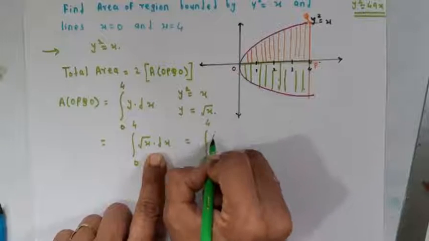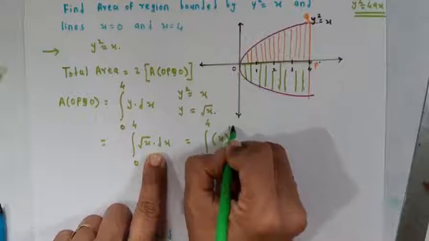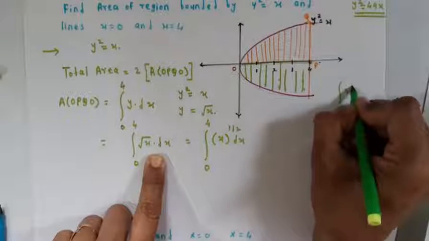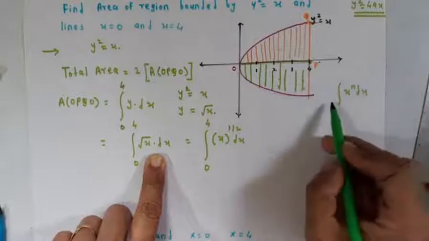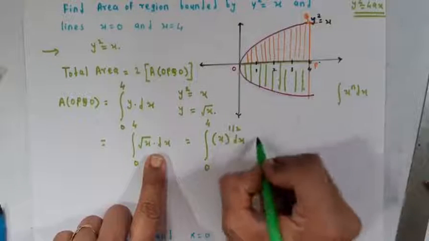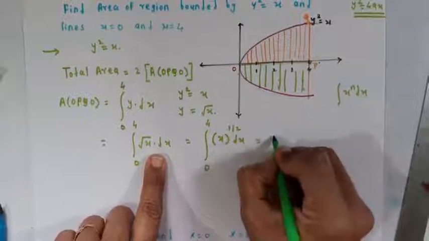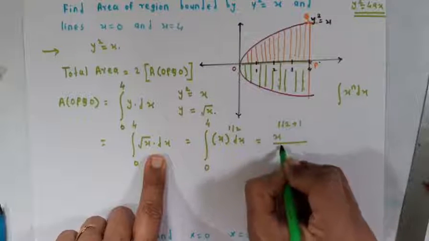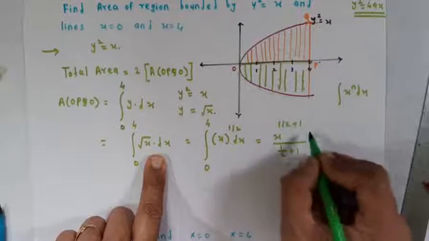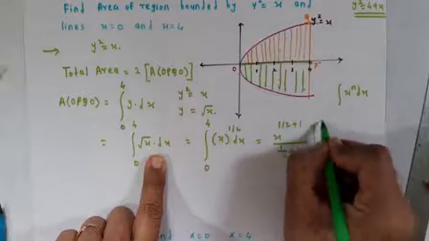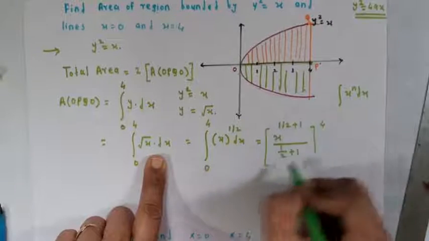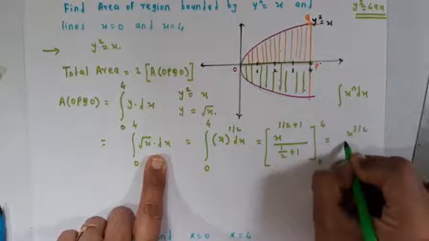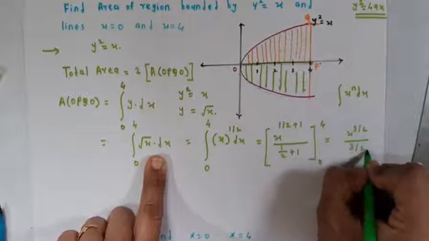0 to 4 x raised to half, and by using the x raised to n formula, that is x raised to n plus 1 upon n plus 1, where n is 1 by 2, that is x raised to half plus 1 upon half plus 1. Limits of integration 0 to 4, and this is x raised to 3 by 2 upon 3 by 2.